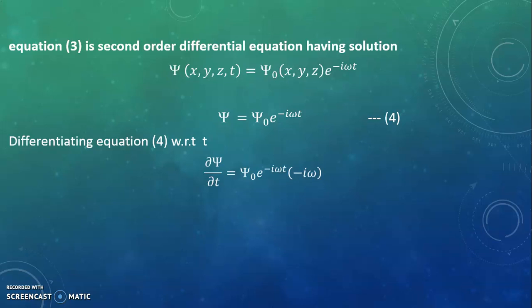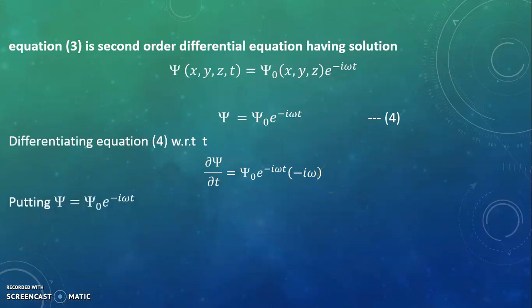Now when we differentiate equation number 4, we get del psi upon del t is equal to psi naught e raised to minus i omega t, and the exponential part which is differentiated gives minus i omega.